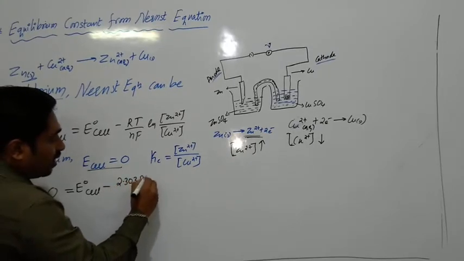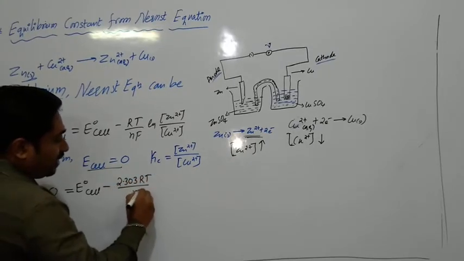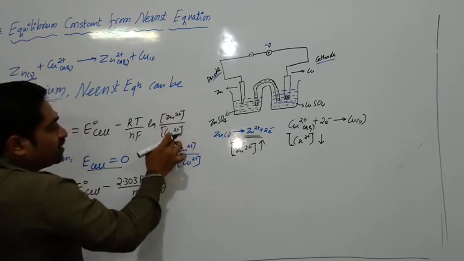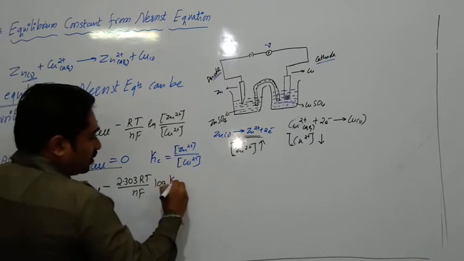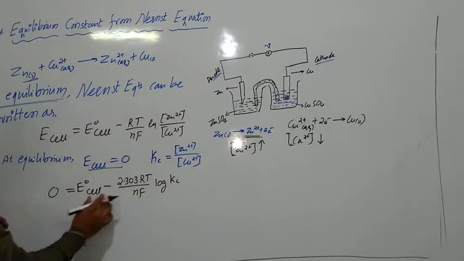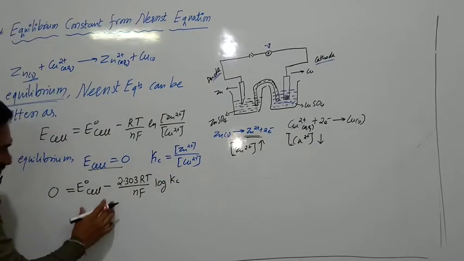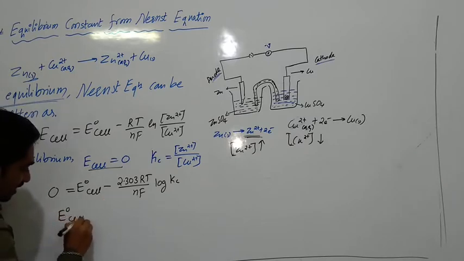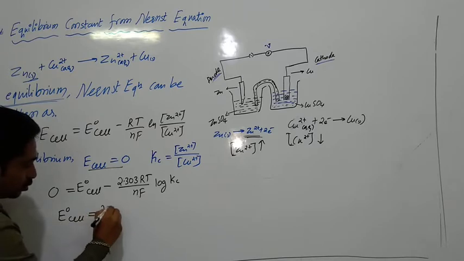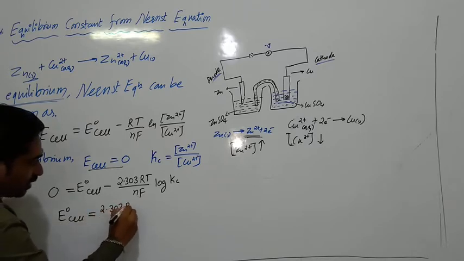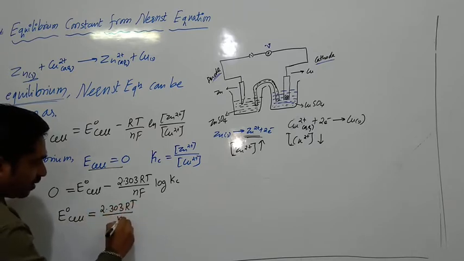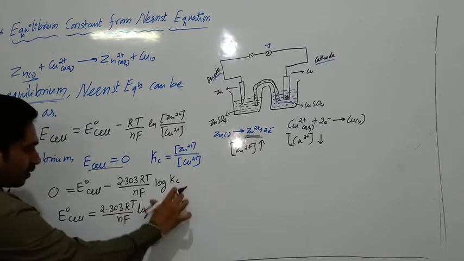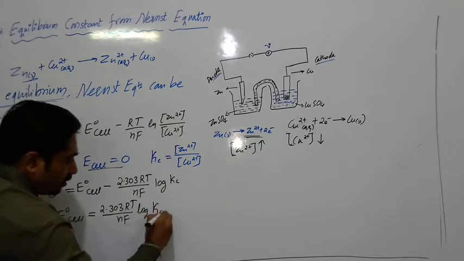2.303 RT divided by nF log of [Zn2+]/[Cu2+] is equal to what? Kc. Log of Kc. So let us simplify this more. We can write E naught cell is equal to 2.303 RT divided by nF log of Kc.